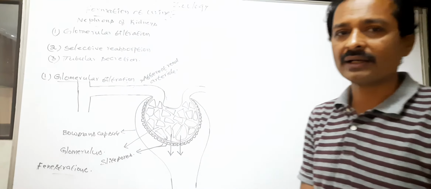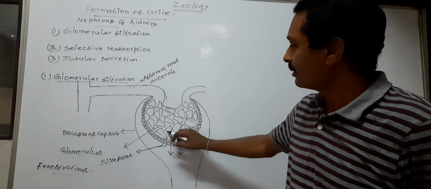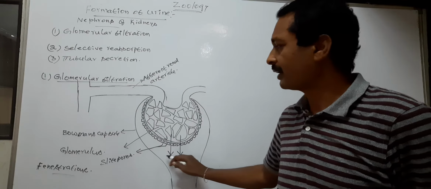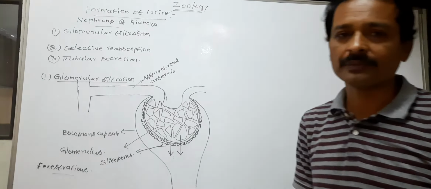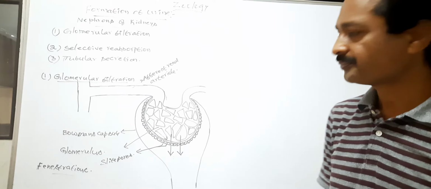So the blood is filtered from the glomerulus into the lumen of the Bowman's capsule.